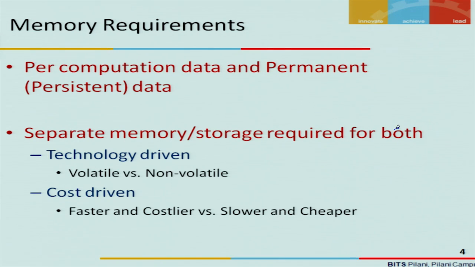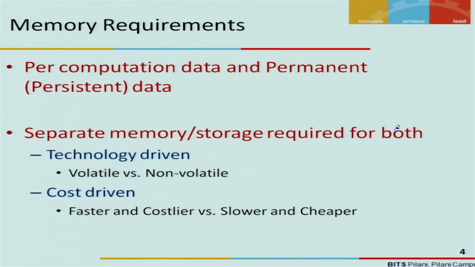Now we want to see how the processor requires memory. The processor requires memory in two ways. One is the data required per computation, meaning the data required at a particular point in time, and the other is permanent data, stored in secondary storage, which is called persistent data.